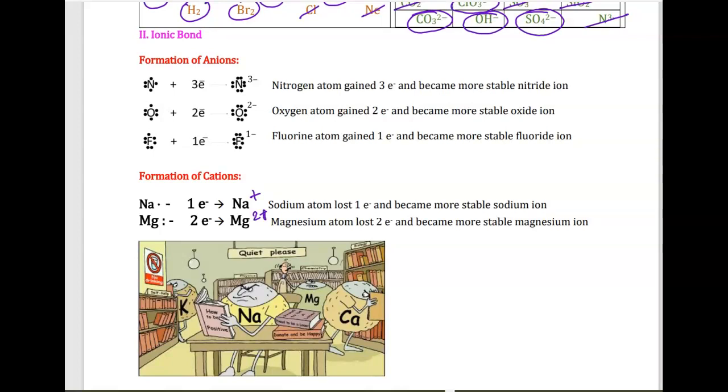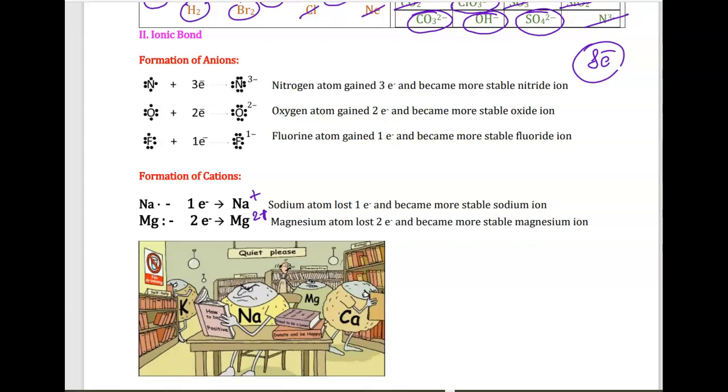How are anions formed? Anions are formed by gaining additional electrons. So you need to memorize the octet rule: 8 electrons on the valence shell, its outer shell, is the way to become more stable.